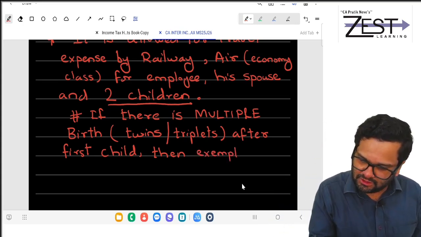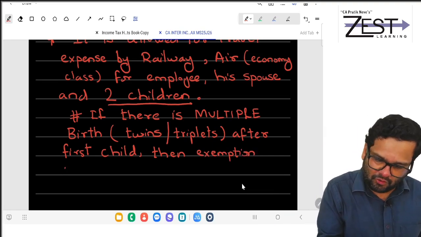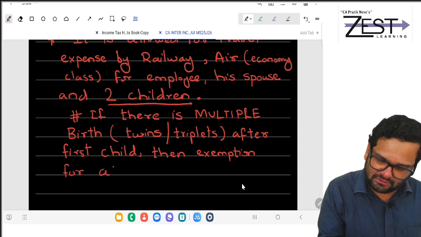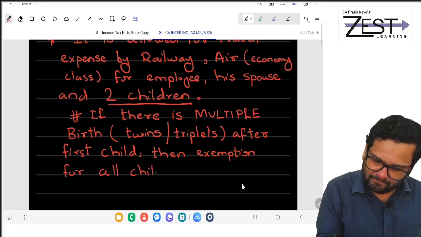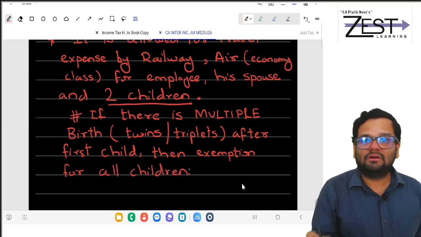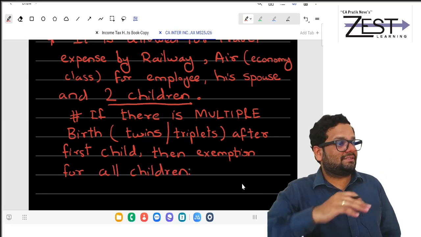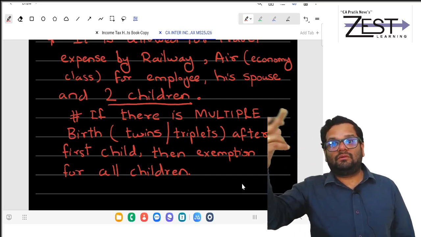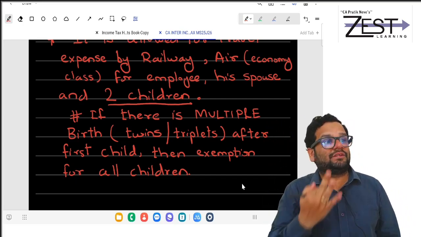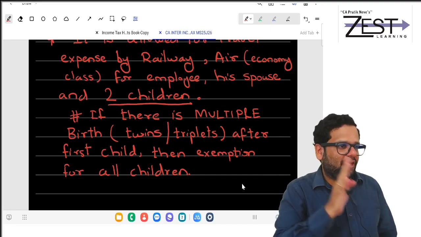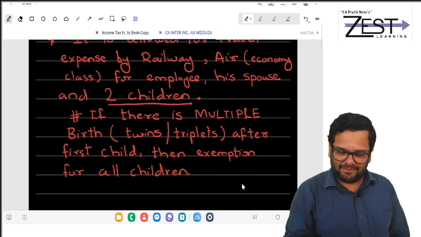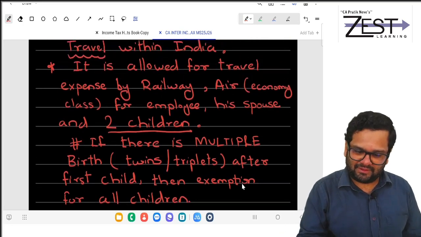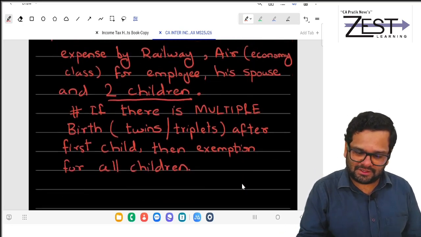Understood, na? Means first the assessee had one child. Now he got twins. So now there are three children. Exemption will be allowed for all three. Okay. That is a small provision that you have to understand.